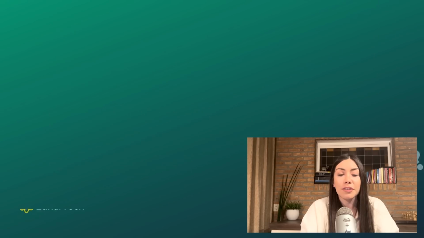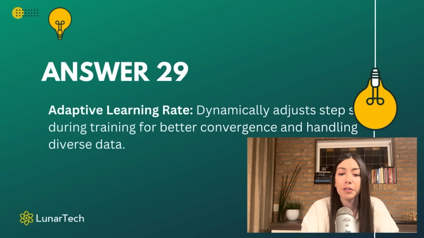The next question is: discuss the concept of an adaptive learning rate. Describe adaptive learning methods. So here we need to talk both about the concept of adaptive learning rate, and we also need to give examples of optimization algorithms that are known to be of adaptive nature.